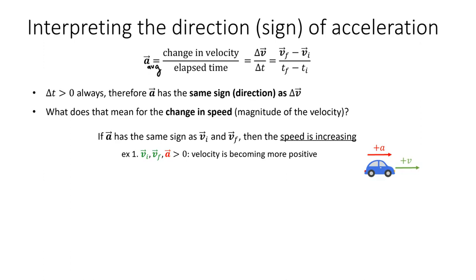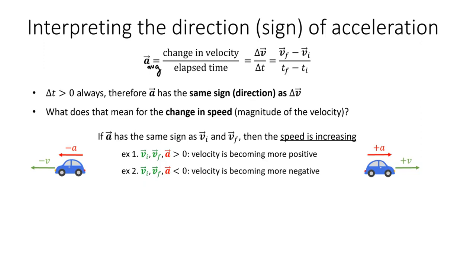All right, another way that we could have this case happening, where we have the velocities and the acceleration in the same direction, would be if everything was pointing in the negative x direction. So what if my car initially was moving in the negative x direction, finally it was moving in the negative x direction, and also the acceleration was in that negative x direction?